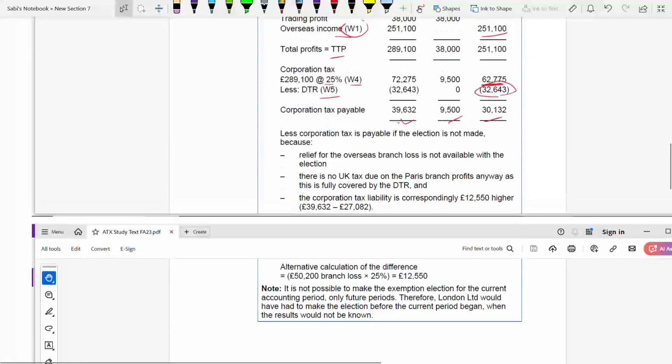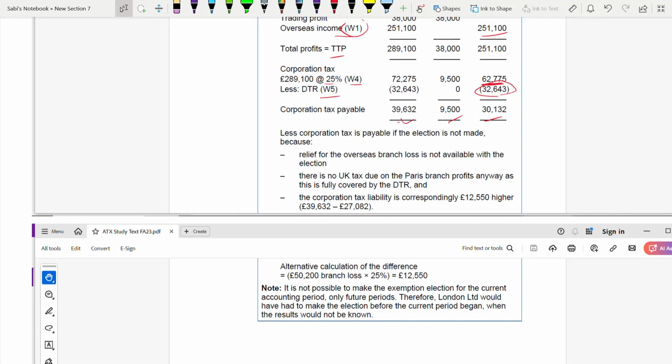If you see here, without, so if you are being told to advise, you would choose this one, right? So here less corporation tax is payable if election is not made, because one, you are getting relief for the loss. Overseas branch loss could be offset against UK. Next, there is no UK tax on the Paris branch profit. Anyway it is not, because it is fully covered by DTR.